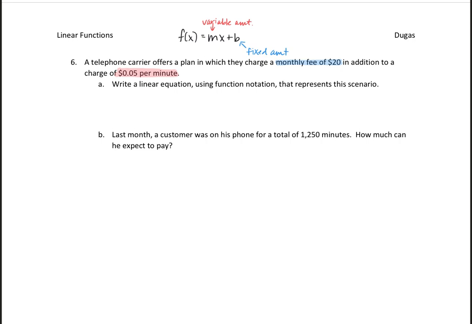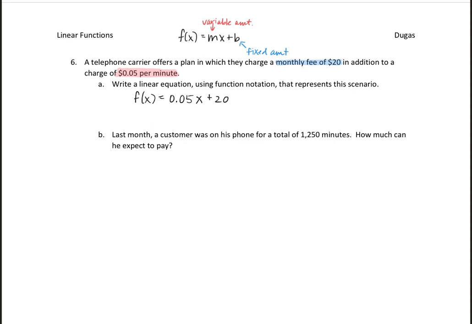So if you look at it this way, you can write your equation. F of x equals 0.05x plus 20. So the 5 cents is the variable fee and the $20 is the fixed fee. And so there's your linear equation. Notice that the x represents the minutes.